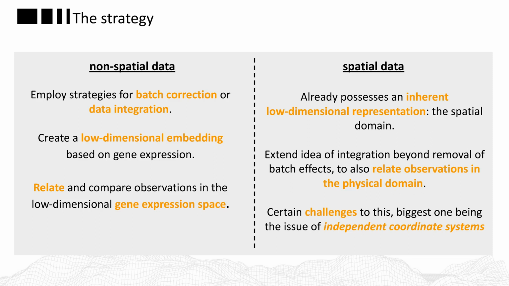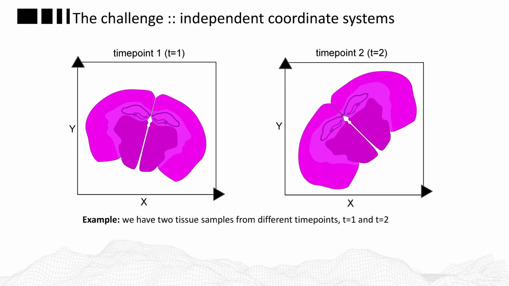This is super cool, but it comes with certain challenges. And I think the biggest one is the issue of independent coordinate systems, which is best explained by an example, so I'm going to give you a very brief one. Imagine that we have collected two different tissue samples from different time points, time point 1 and time point 2. Our objective is to examine how the gene expression at a certain position, x, changes over time.